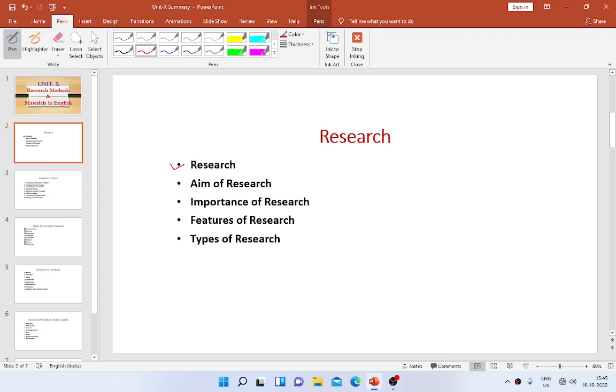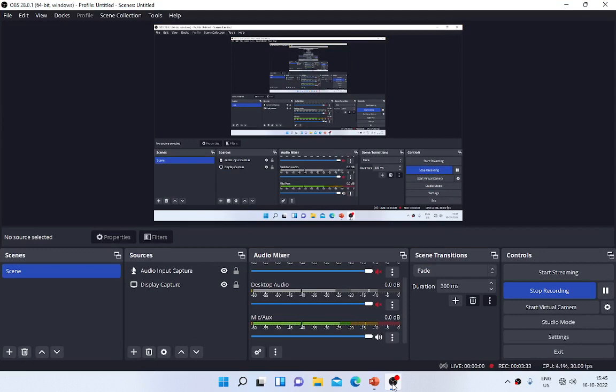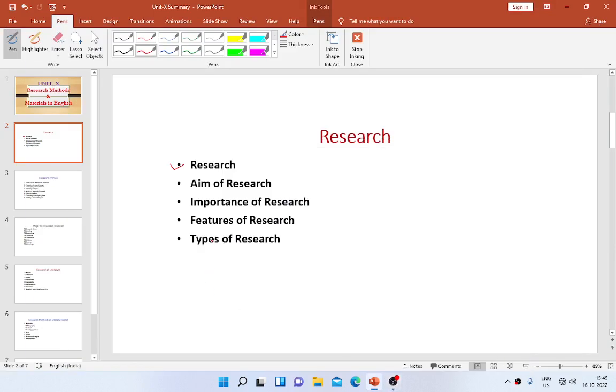Here are some objectives and purposes behind doing research. We must talk about it, and it is our duty to know the aims and objectives of research. Research gains familiarity with a new phenomenon or develops new insight into a phenomenon.